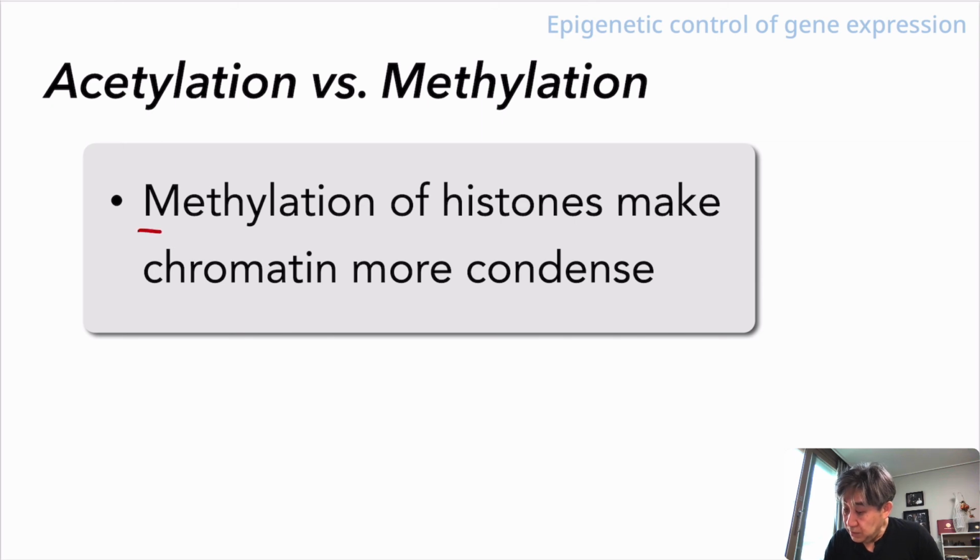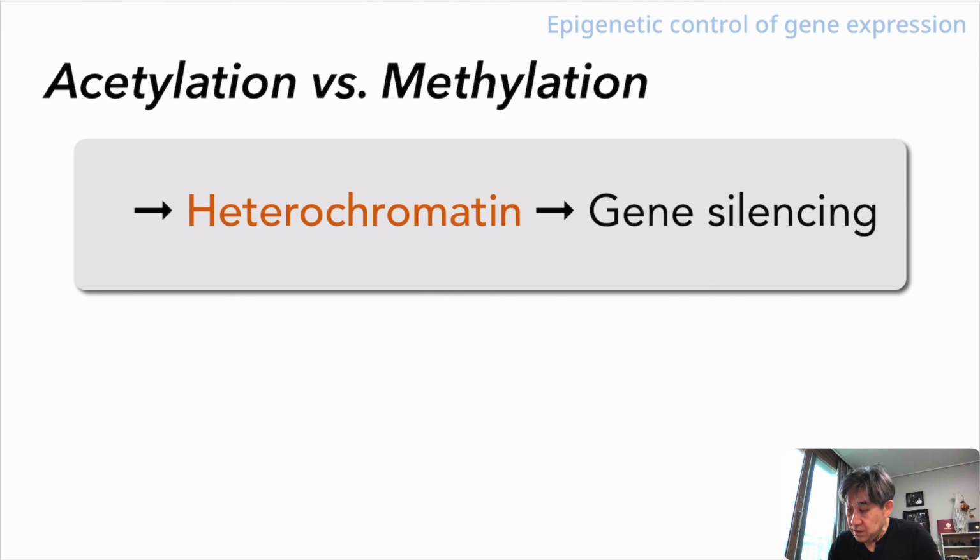On the other hand, maybe it's too general, but generally speaking, putting a methyl group on the histones will reverse this status, and those areas will become heterochromatin, and as a consequence, gene expression will be shut down.